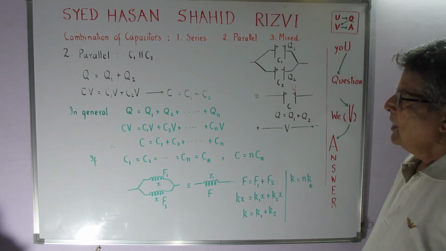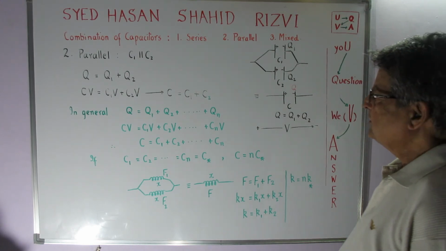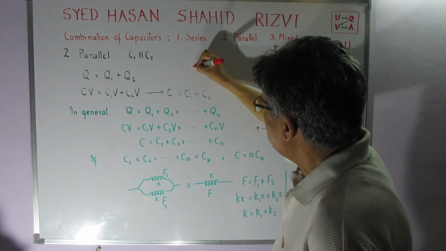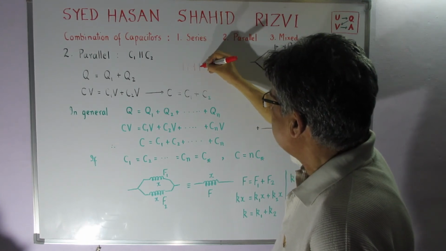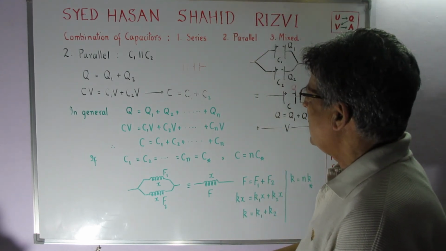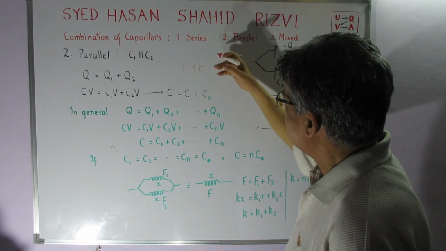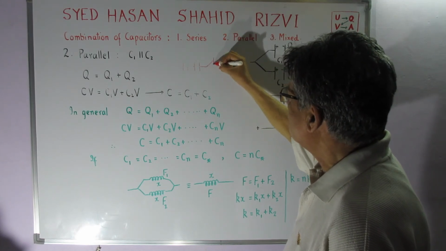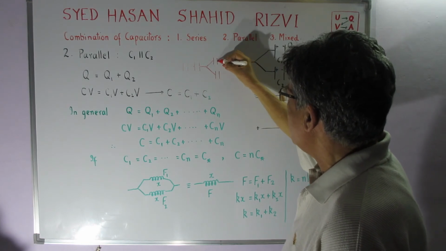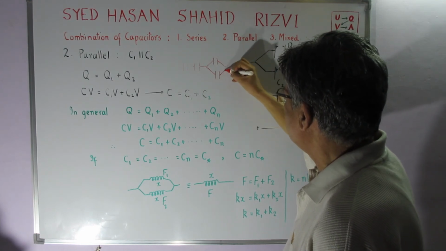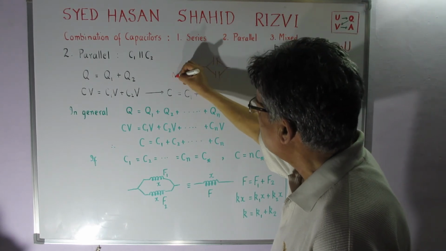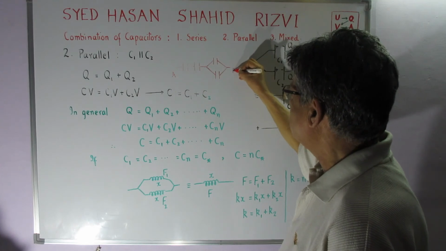Okay. So now the third thing is, if I have a series combination of two capacitors, okay, then we have some capacitors in parallel, and you want to know what will be the total capacitance between the points A and B. So how do we proceed?